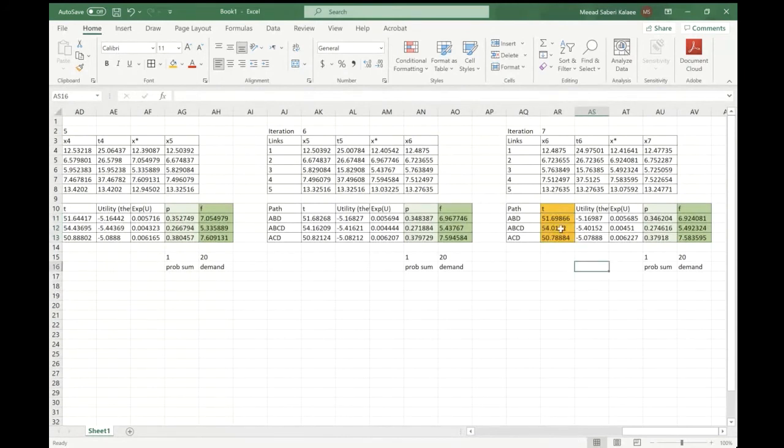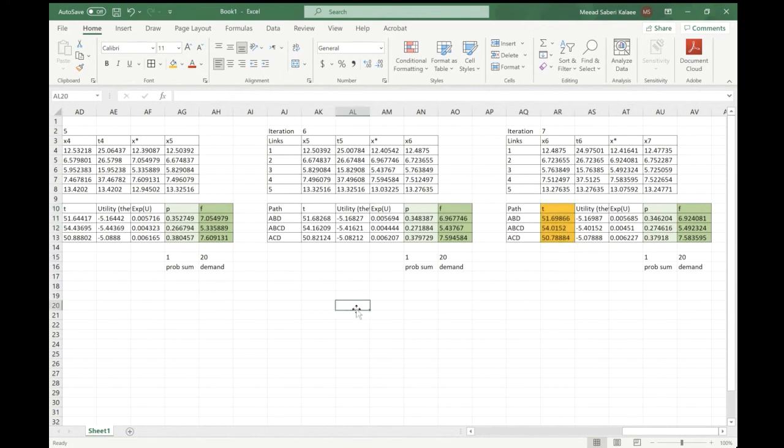So we can't really use this as a measure of travel time convergence. What we need to do is look at the fluctuations of the path flows or link flows, for example. So let's have a look at the fluctuations of link flows.